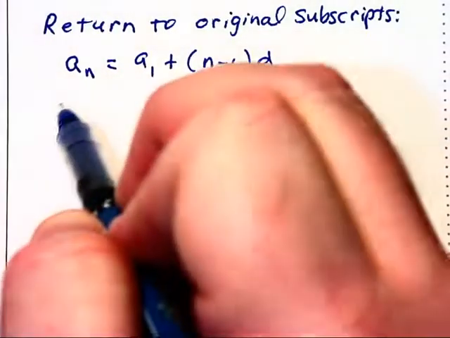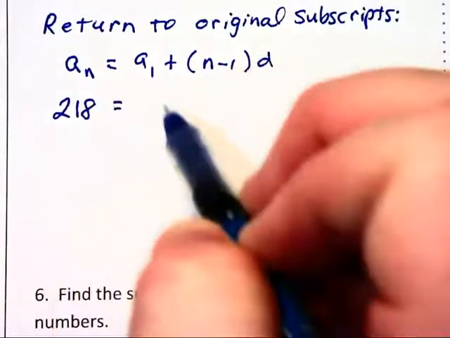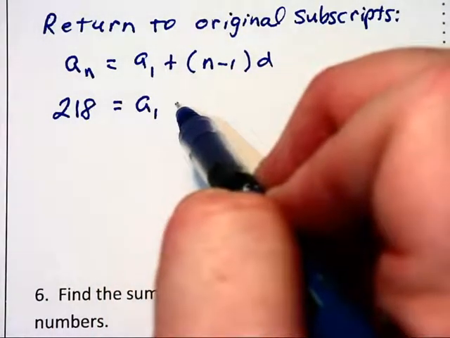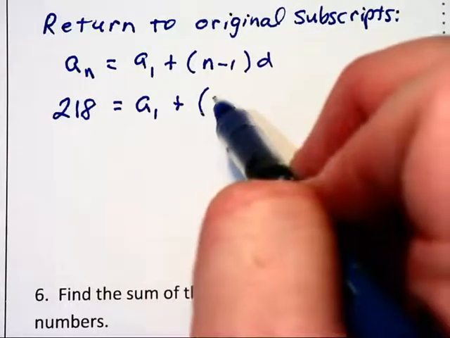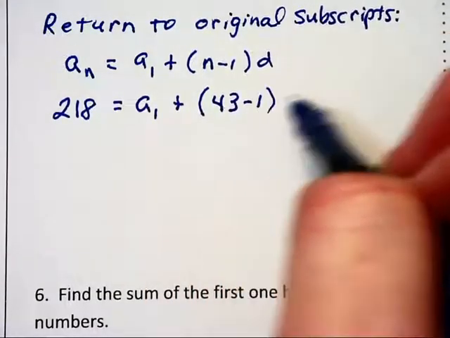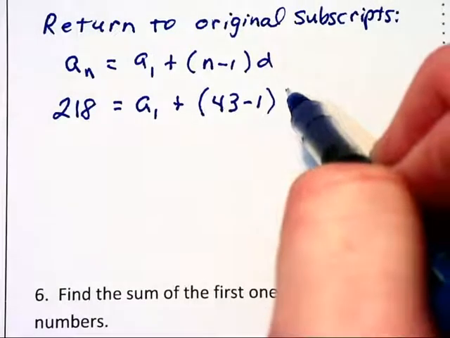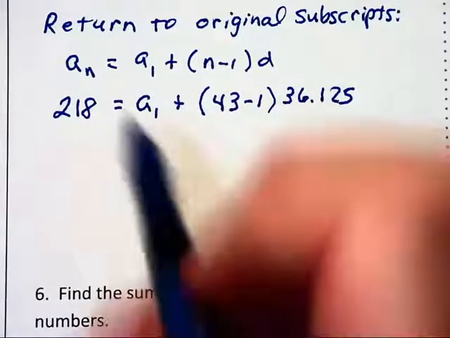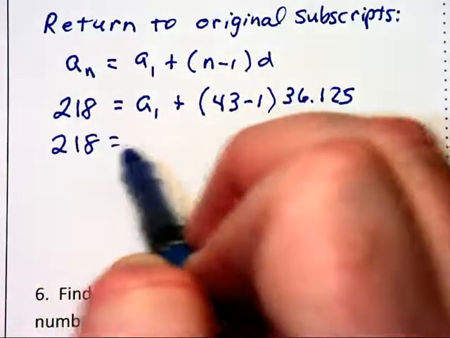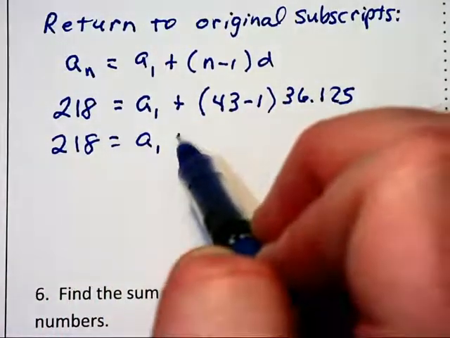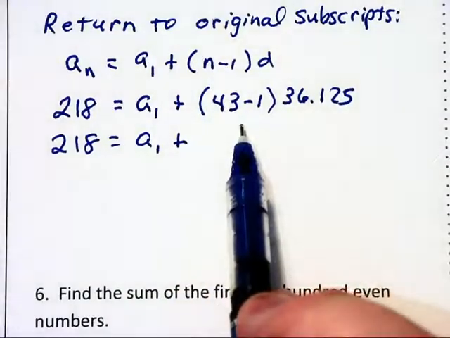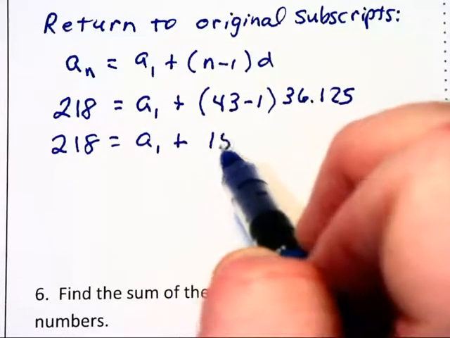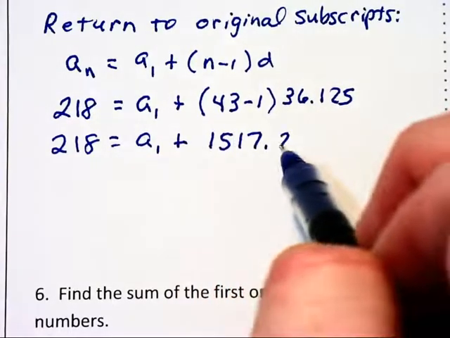So 218 is what we get when we start with a1, still unknown. 218 was our 43rd term, so I really have 43 minus 1 times that d value of 36.125. Okay, 218 is a1 plus, when you multiply 42 times this 36.125, you get 1,517 and a quarter.